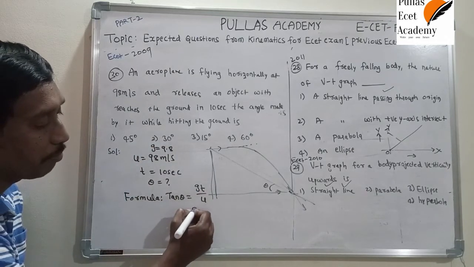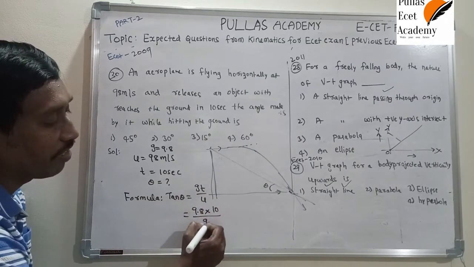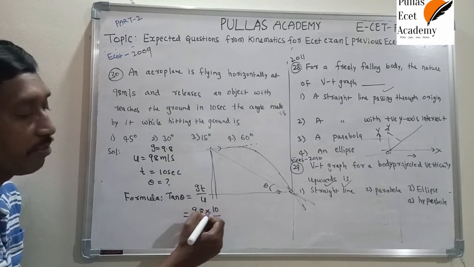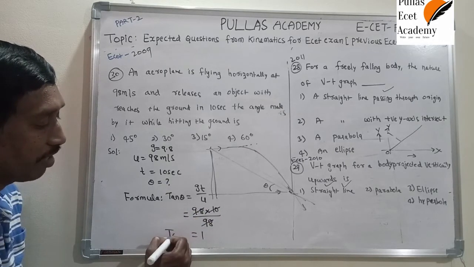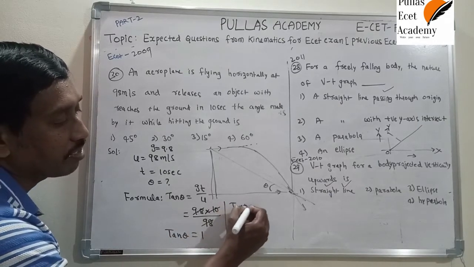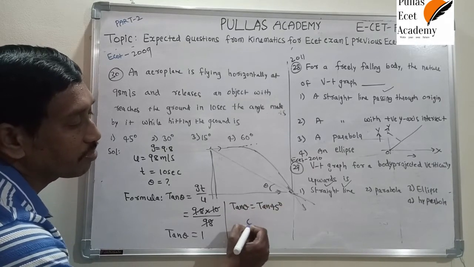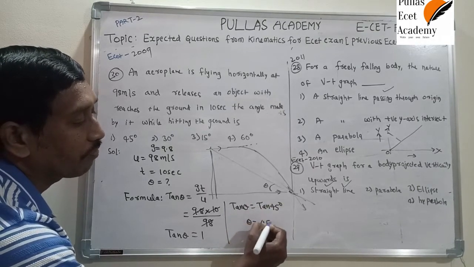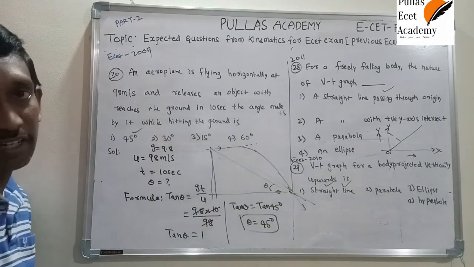Substitute these values: 9.8 into the time taken, 10 seconds, over u which is 98. 9.8 into 10 is 98, 98 cancels, and you get 1. Tan theta is equal to 1. That means theta is 45 degrees, since tan 45 degrees is 1. That is correct here. This first option is the correct answer.